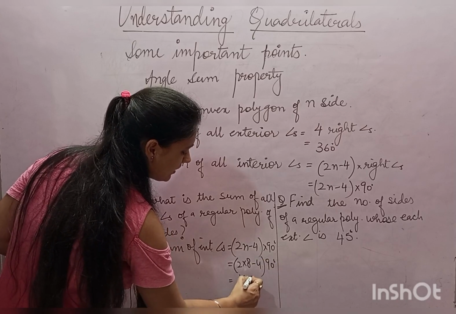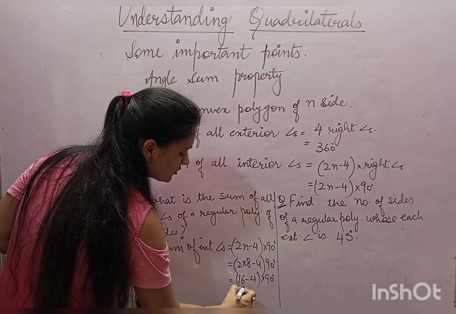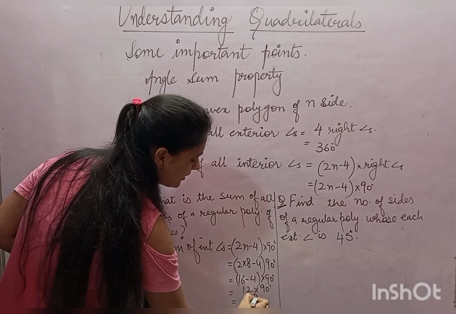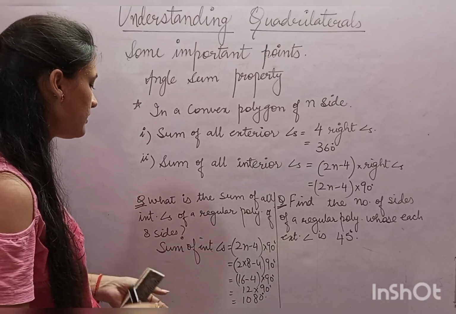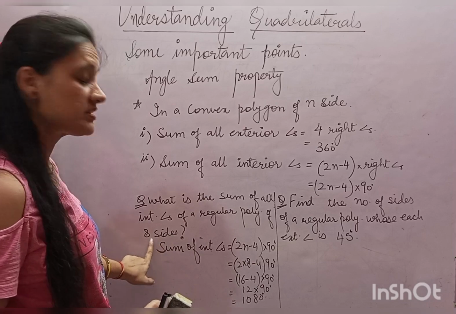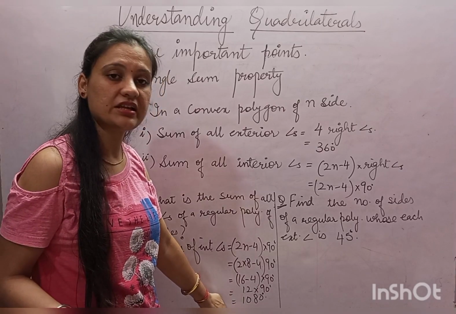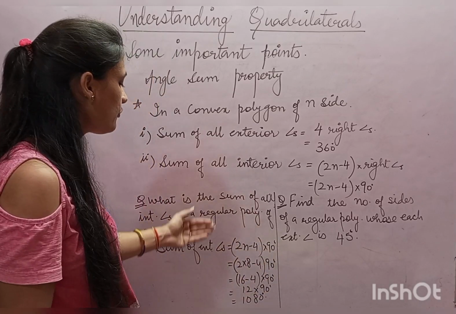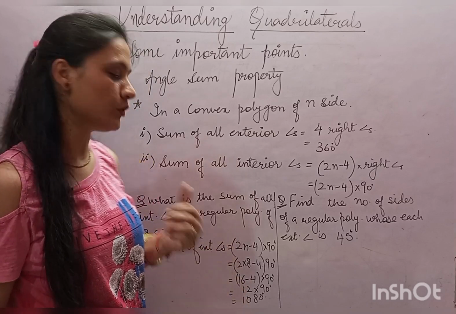So 16 minus 4 into 90 degree, what will it be? 12 multiply 90 is 1080. So what is the sum of all the interior angles of a polygon which has 8 sides, or we call it an 8-sided polygon? The sum of interior angle is 1080 degree. This is how you find out the sum of all interior angles of a given polygon.